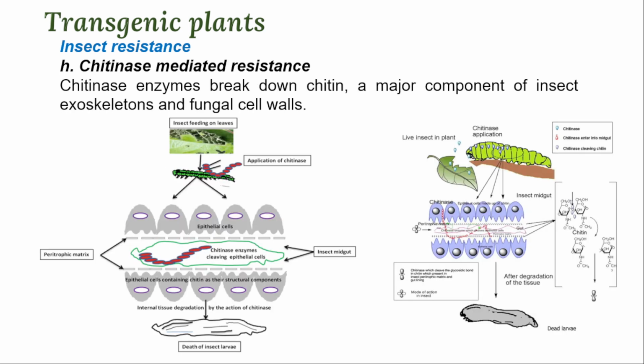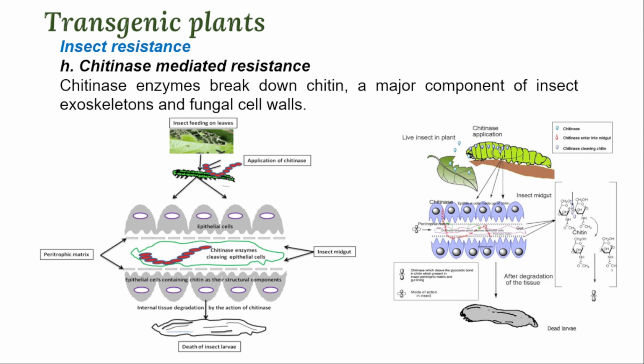One more strategy we can use is chitinase mediated resistance. That means the chitinase enzyme breaks down the component chitin in insects. Whenever we genetically engineer a plant in such a way that it produces chitinase enzyme, and the plant part is consumed, along with it the chitinase enzyme also enters the lepidopteran insects.